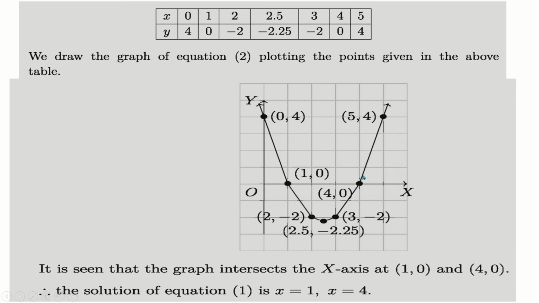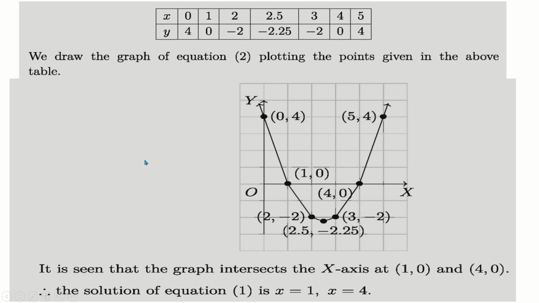From the graph, we can see this graph intersects the x-axis at 2 points. One is this point and another one is this point. That means this is 1, 0 and this is 4, 0. Here abscissa x is equal to 1, here abscissa x is equal to 4.